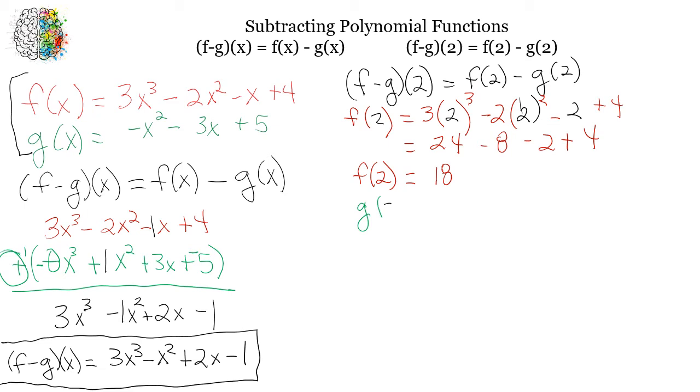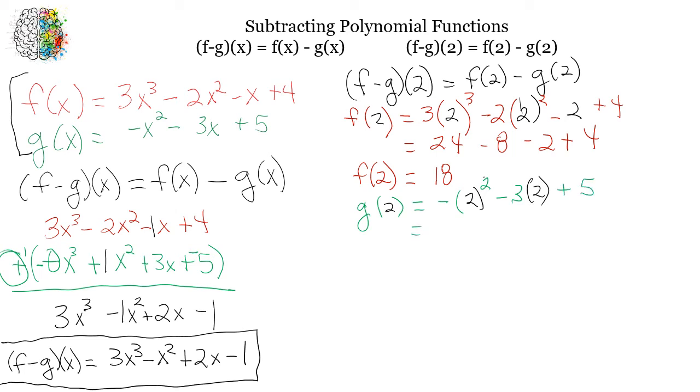Now I'm going to do the same thing with my g. Everywhere that I have an x, I'm going to replace that with a 2. So that's going to give me negative 2 squared minus 3 times 2 plus 5.